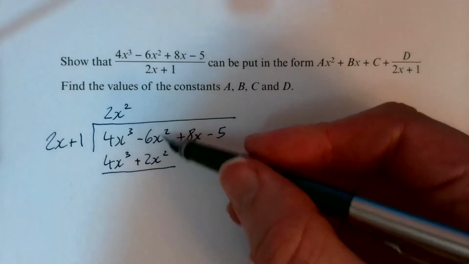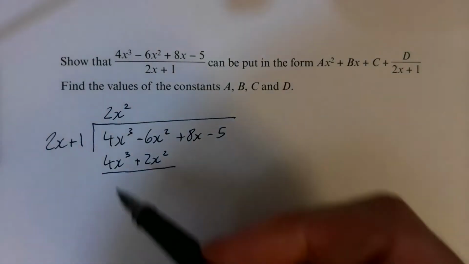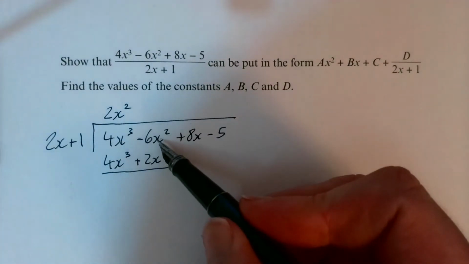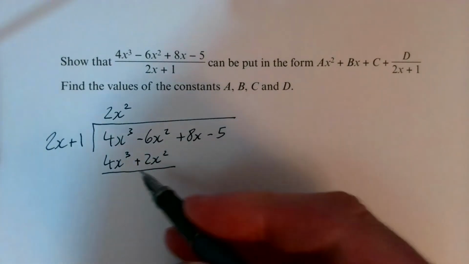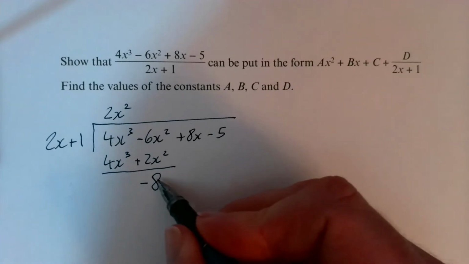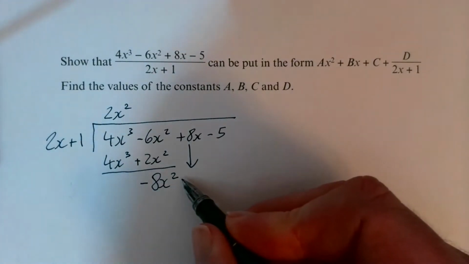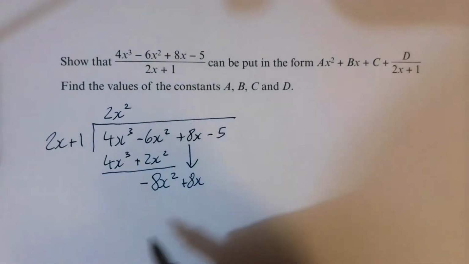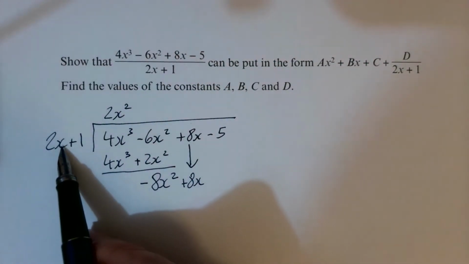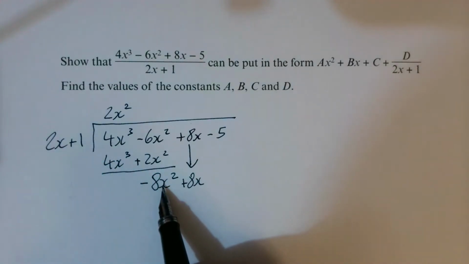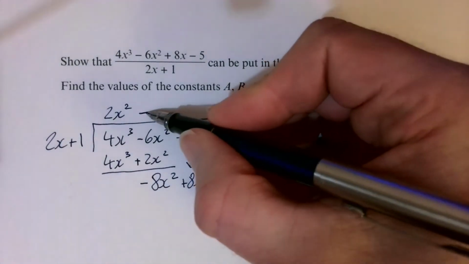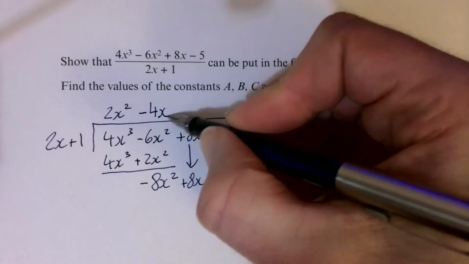And then we take all of this from here, because what we're doing is long division. That loses the x cubed. Taking 2x squared means we're now going to have minus 8x squared. And we drop down the next term, the 8x. And we divide 2x plus 1 into 8x minus 8x squared, which gives us minus 4x.